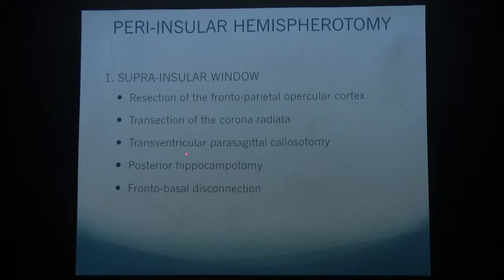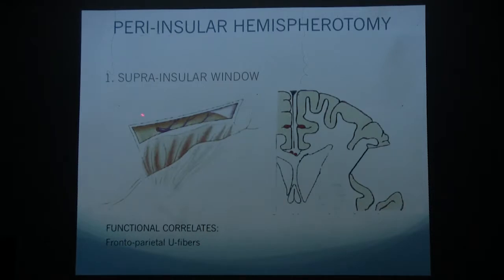And then you transect all the fibers that you're going to see in the lab today. And once inside the ventricle, you do a parasagittal callosotomy. Then you cut the fornix at the posterior part, and then you disconnect the mesial and basal frontal lobe. So I'll try to show you some of these images. They're not as beautiful as the images that Pablo showed you before, but you will see many of these structures in the lab today.